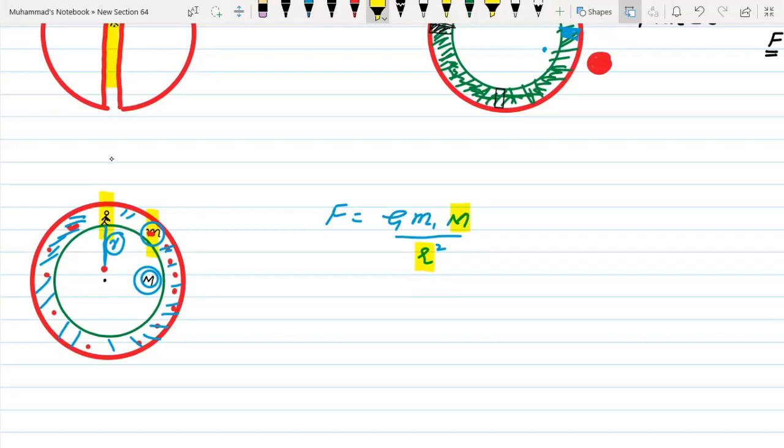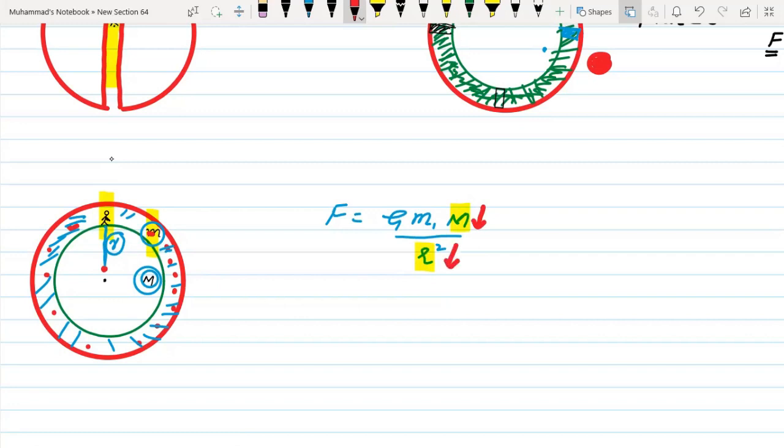So we have to convert this expression into a single variable. If both quantities are changing in a mathematical formula, then we can't predict what is happening. Is the force increasing or decreasing? Mass is decreasing, and distance is also increasing.